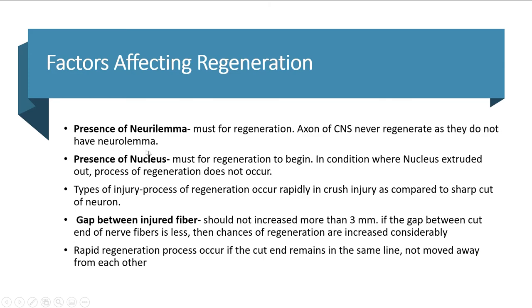Okay, and then the presence of the nucleus. It is important that in the condition where the nucleus is extruded out, the process of regeneration does not occur. So in the case of retrograde degeneration, sometimes the nucleus will move out of the cell body, and other parts are also moved out because the cell body becomes swollen, so there will be loss of the nucleus as well.